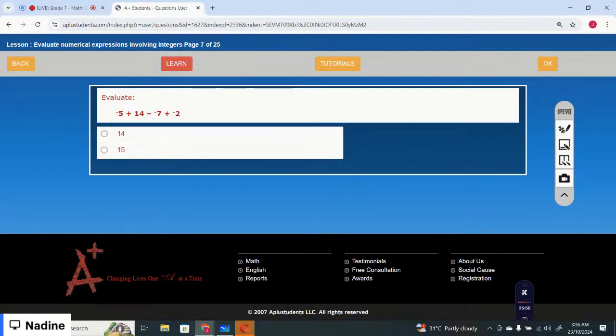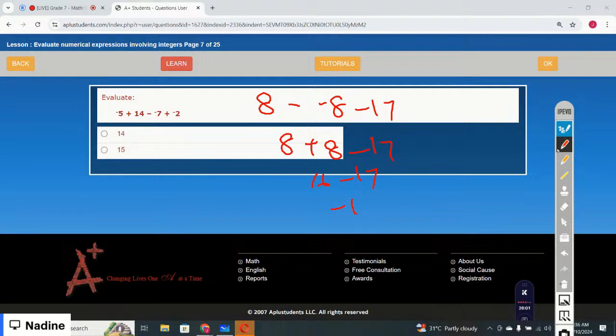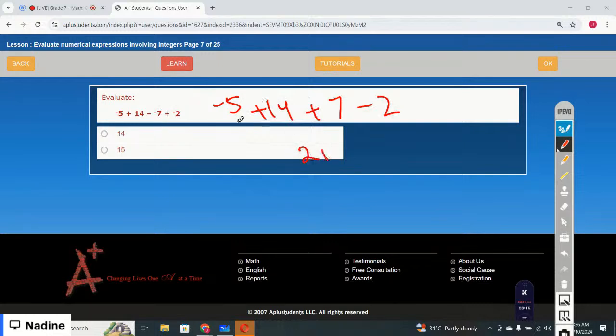Okay, the next one is negative 5 plus 14 minus negative 7 plus negative 2, right? So let's just see, we have to do negative 5 plus 14. Subtracting a negative integer is same as adding, and adding a negative integer is same as subtracting. So 14 plus 7 is 21, minus 7, minus 5 minus 2 is minus 7.